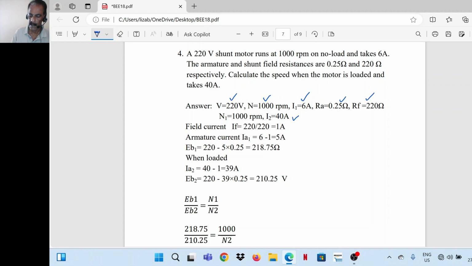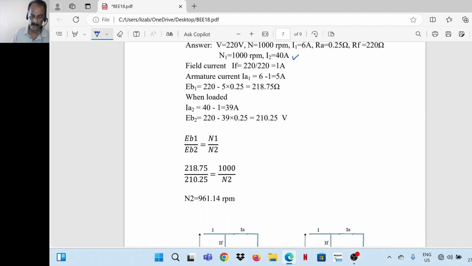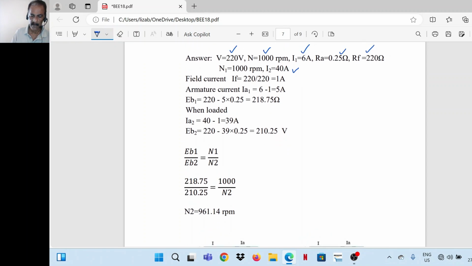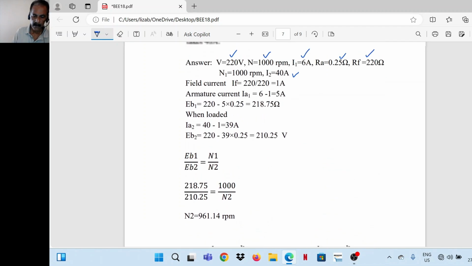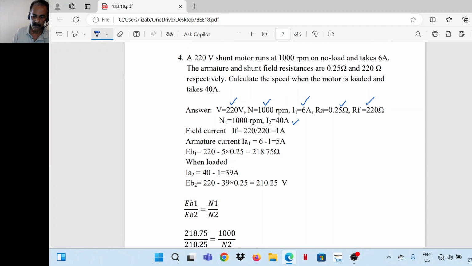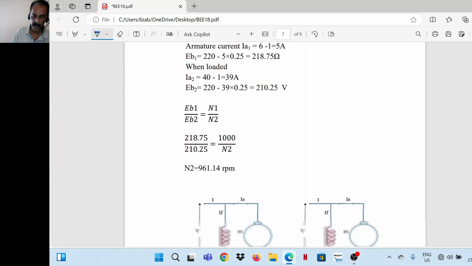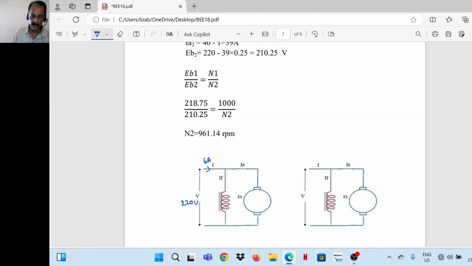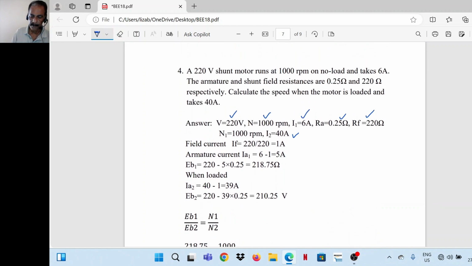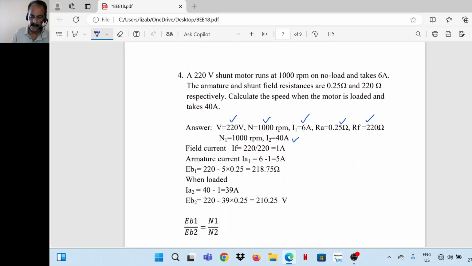So circuit diagram, let's check. First case, I1 is 6 amp, V is equal to 220 volt. First case input current is 6 ampere. So I is equal to 6 ampere. Field resistance is given, armature resistance is also given.